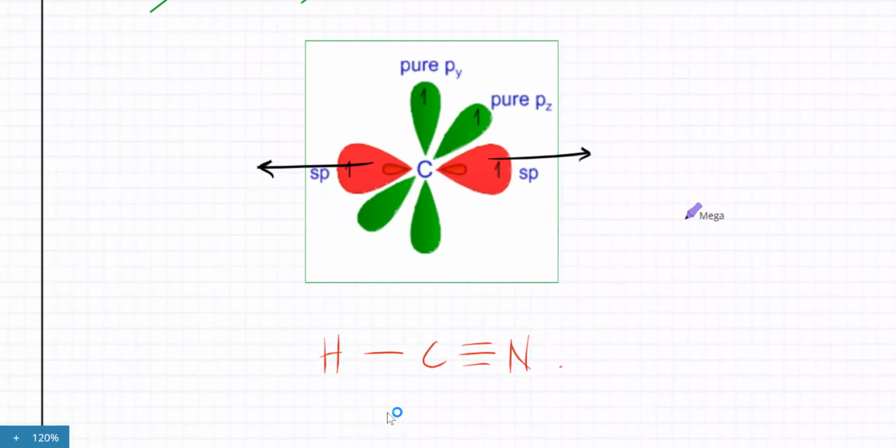So they would ask you which orbitals are overlapping over here. It's basically the sp hybrid orbital, which is getting pulled over here, that's overlapping with hydrogen's s orbital. So the sigma bond over here is going to be formed by the s and the sp overlap. Is that clear?